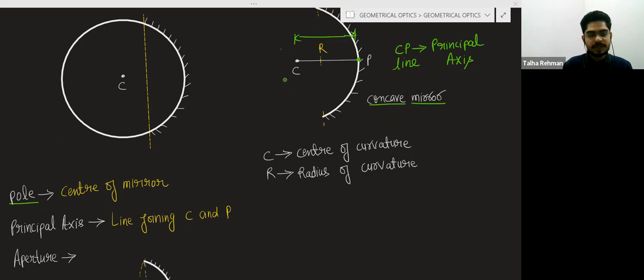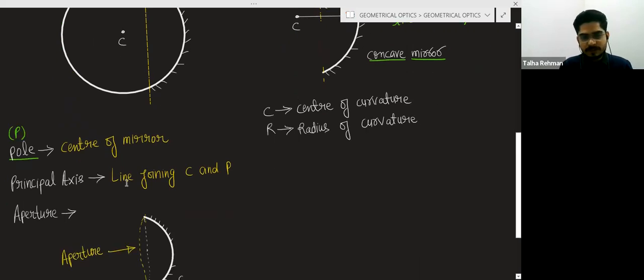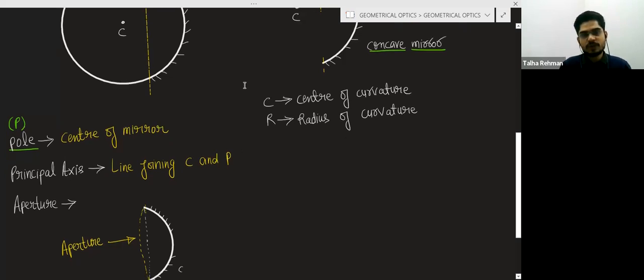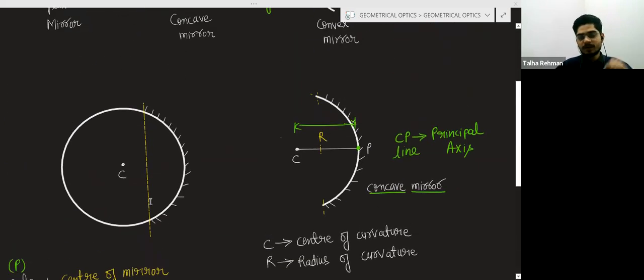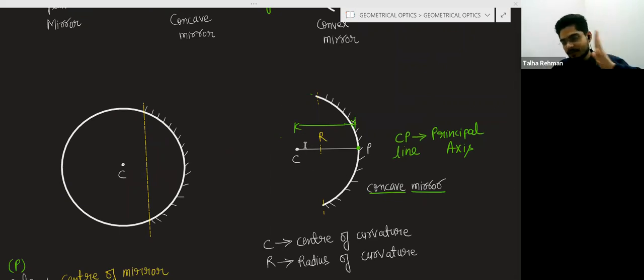Basically, the pole is represented by P. The principal axis is the line joining the center of curvature and the pole. And what is the aperture? Aperture is that part of the mirror up to which the light can fall.